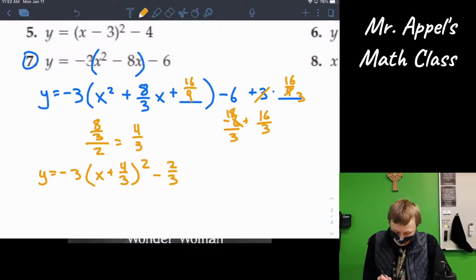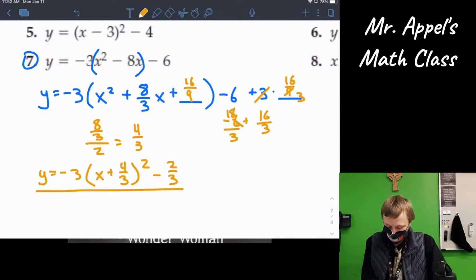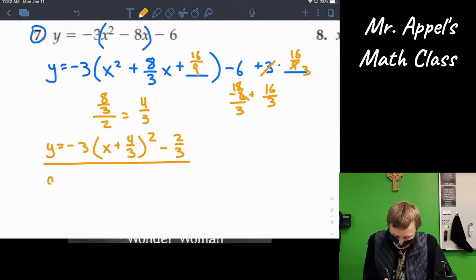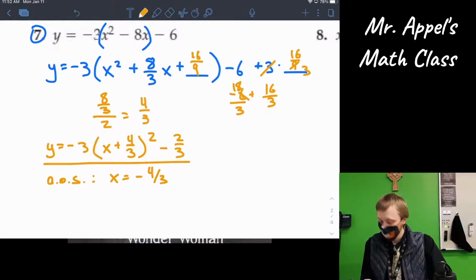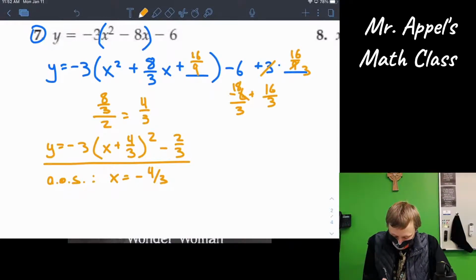So there is our vertex form, which means we have an axis of symmetry at x equals negative 4/3. We have our vertex at negative 4/3, comma, negative 2/3.